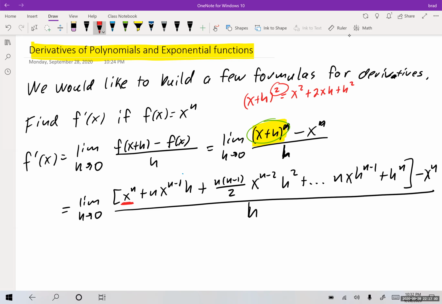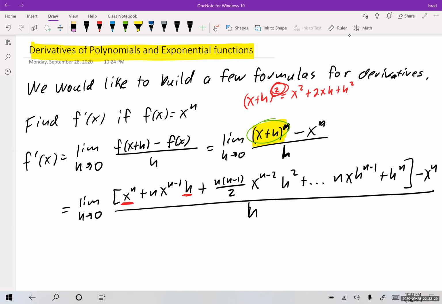Then you reduce the power of x by 1, and whatever the original power is, that's what goes right here. Then you reduce the power by 1 and multiply by h. Then you take this value, n times n minus 1 over 2, and reduce the power of x by 2, then by 3, then by 4, and so on. That's all the binomial expansion theorem is asking you to do.